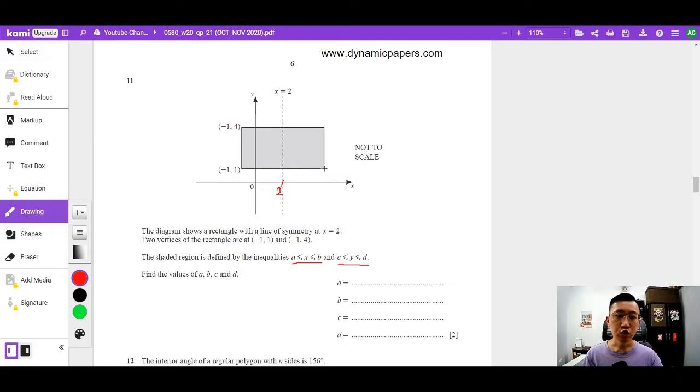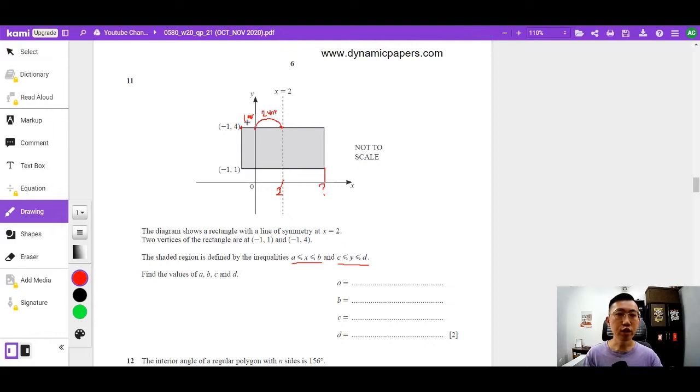I am trying to find out this region right here. From 0 to this point is 1 unit. Can you see 1 unit? From 0 to here, the line of symmetry is 2 units.